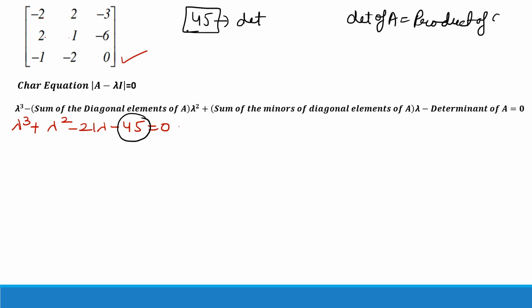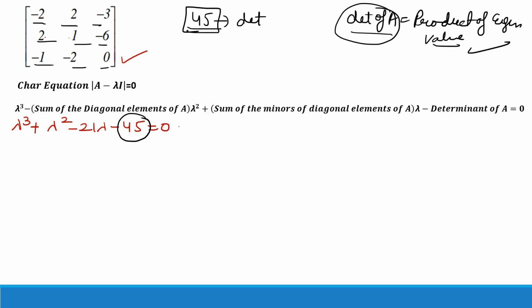Because the determinant is odd and all the entries are integers, the eigenvalues will also be integers. And since the determinant of A is odd, the eigenvalues cannot be even, because if any eigenvalue is even, then the product should be even, but here the product is odd.